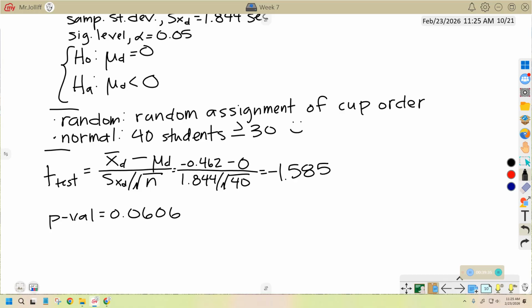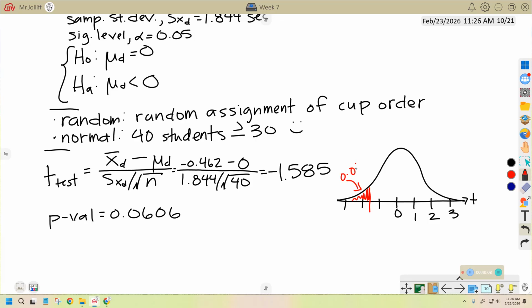I'm getting thumbs up and nodding, so that's a good sign. I'm going to draw my picture next to that to interpret that in terms of my sampling distribution. So, quick t distribution. Sample statistic of -1.5.